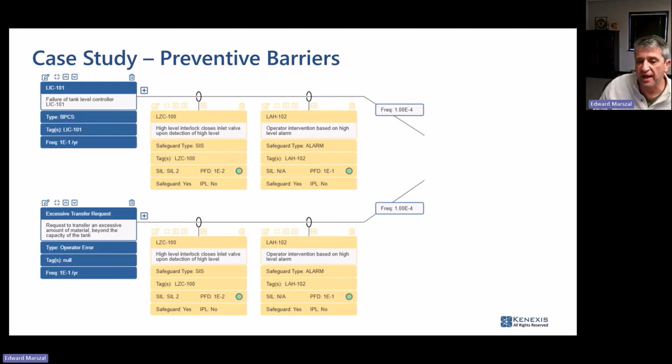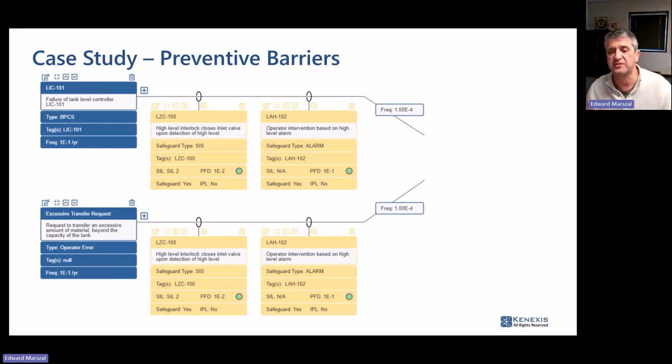Whether you challenge it 100 times a year or once every 100 years, the probability of failure of that piece of equipment is only a function of its random hardware failure rate multiplied by the test interval divided by 2.